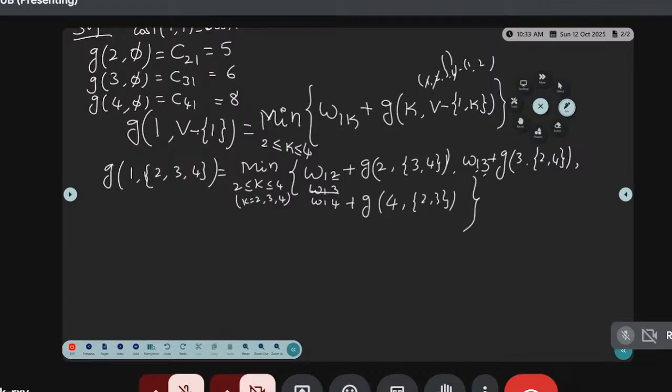So here from this continuation, minimum of, so we can write here w of 1 comma 2, we know w of 1 comma 2.